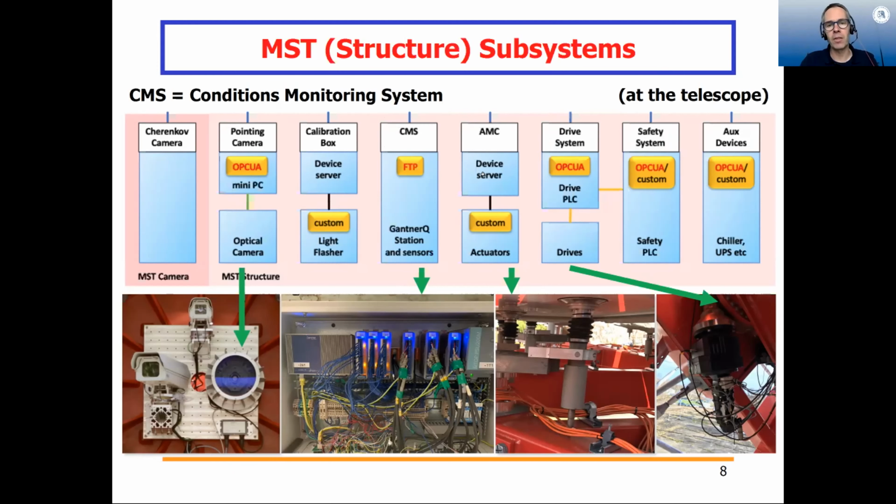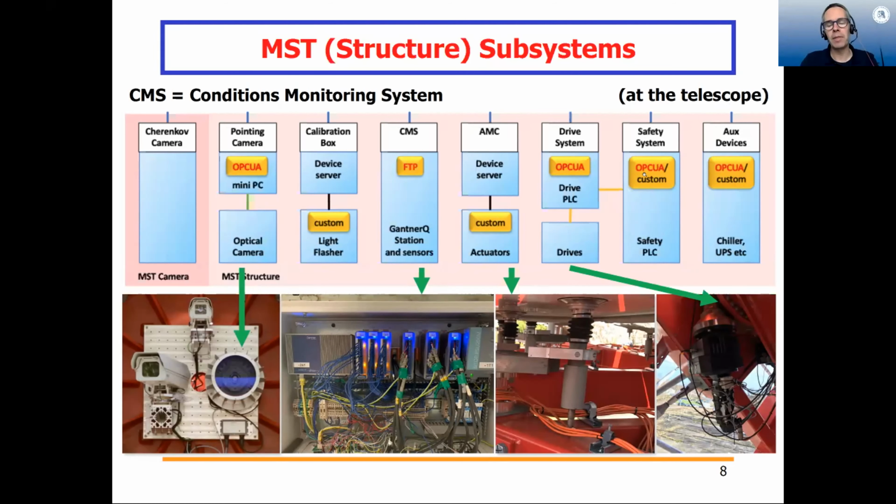Basically, it's a device server where we go in with Ethernet, and then we have an 8-bit microcontroller that is talked to with the help of a custom protocol, and then we talk to the actuators. There are 2 actuators per mirror. Then we have the drive system. It's a drive PLC that runs an OPC server, and then we are using the feedback from measurements to control the drive engines.